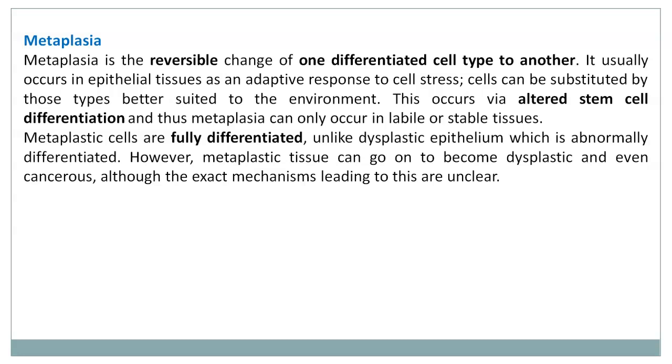Now next one is metaplasia. Metaplasia is the reversible change of one differentiated cell type to another. Means in this, one type changes to another type of cell. It usually occurs in epithelial tissues as an adaptive response to cell stress. Cells can be substituted by those types better suited to the environment, and this occurs via altered stem cell differentiation, and thus metaplasia can only occur in labile or stable tissues.